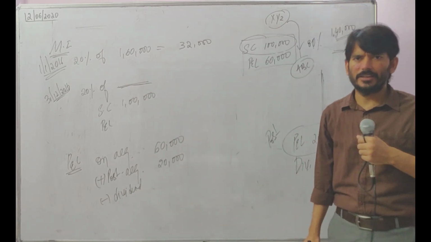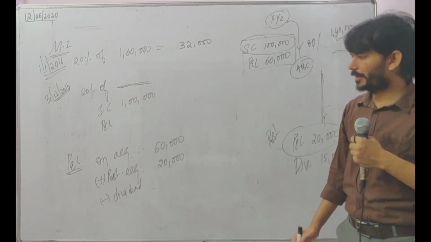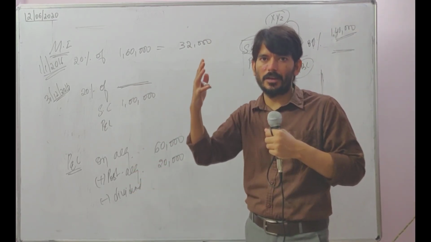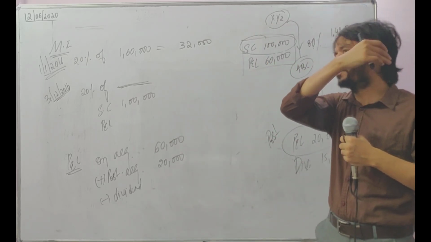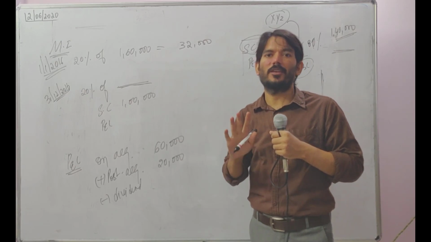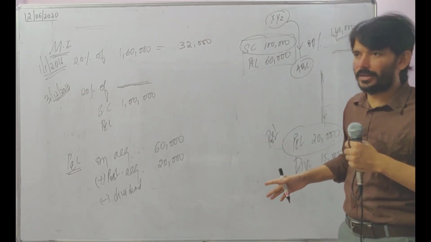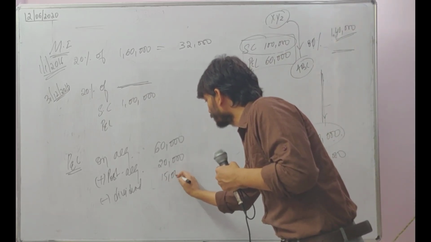When I am declaring dividend, will I not hit my P&L? When I am declaring dividend, will I declare it out of my capital or out of my P&L? So this question should not be coming for the advanced or second group students. Okay. So when I am declaring dividend, obviously that will hit my P&L. How much? 15,000.